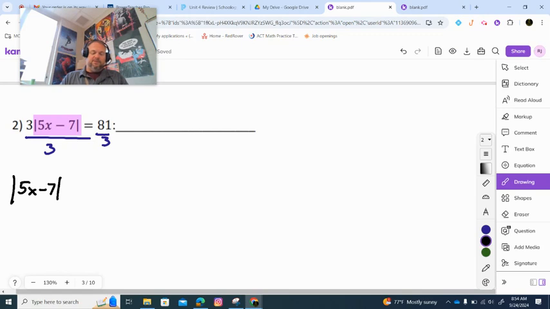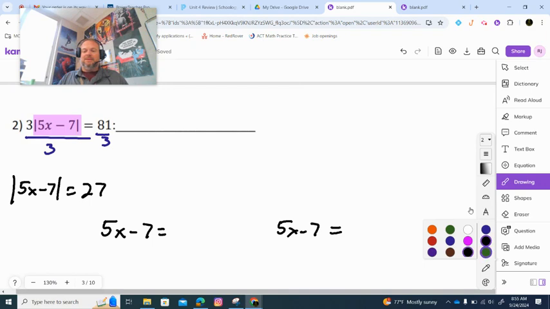I hope 81 is divisible by 3. Nope, it's 27. I was just making up numbers, so some of these answers could have been really interesting today. 27 and negative 27.